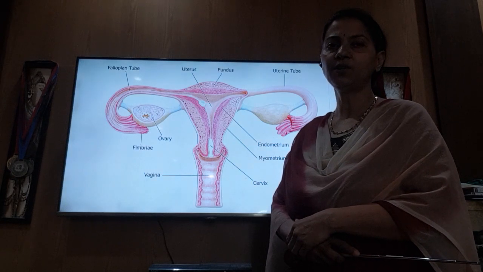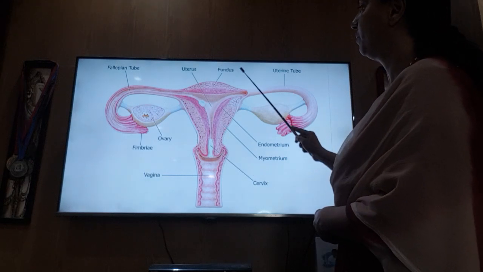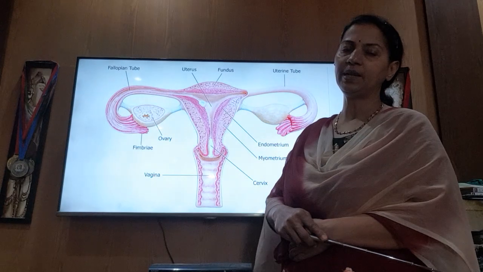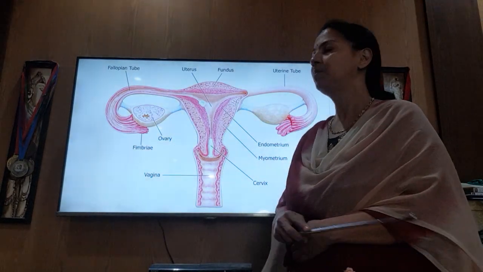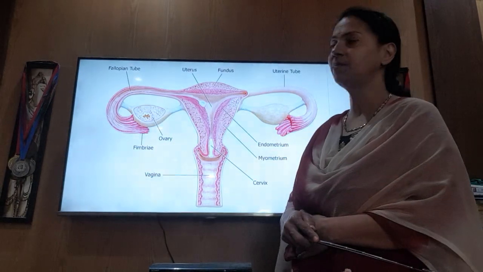That is called parturition. Then the removal of the uterus is called hysterectomy. It can be because of any reason, maybe a tumor, benign tumor or malignant tumor, or some other reason.